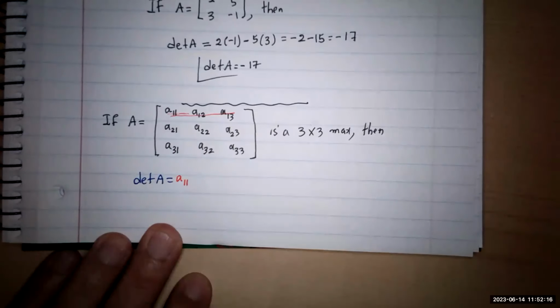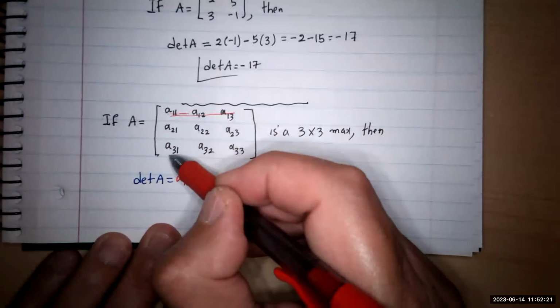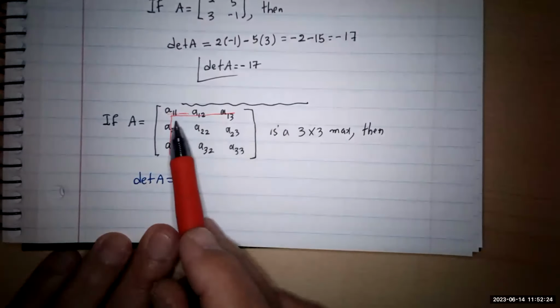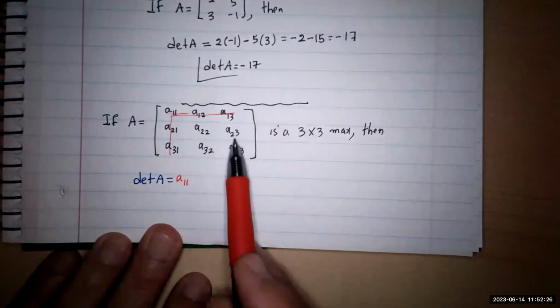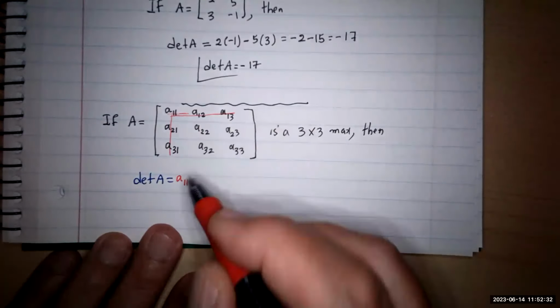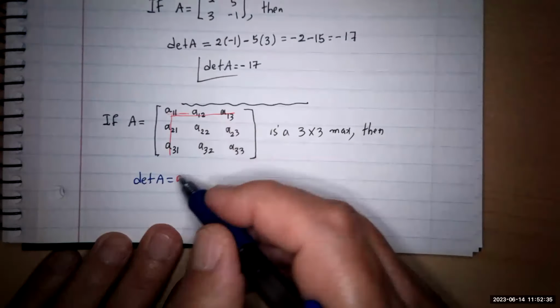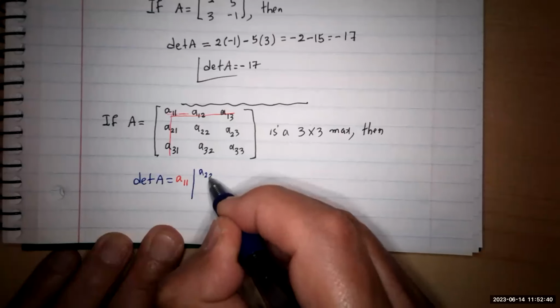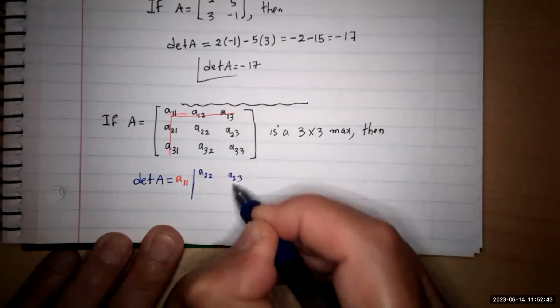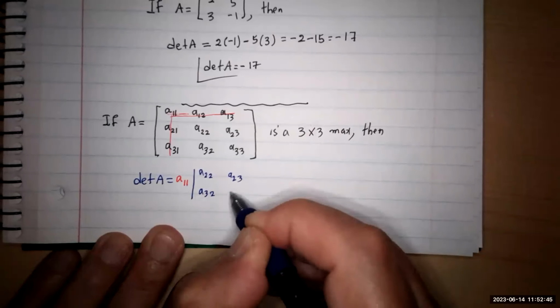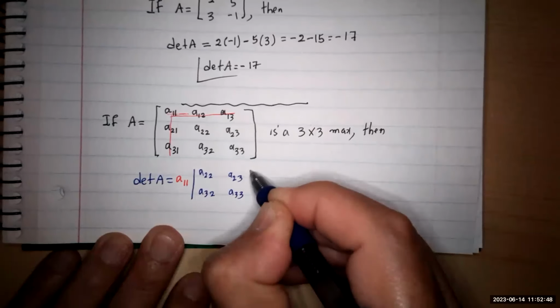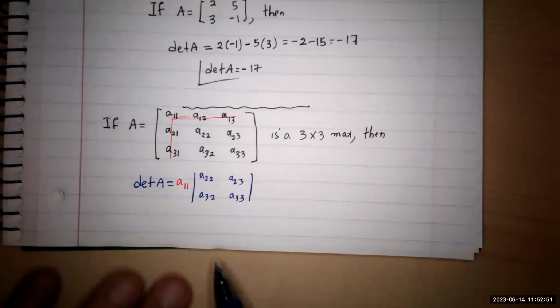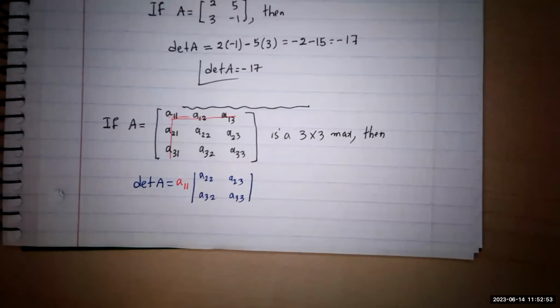Then we multiply by this matrix: we eliminate the first row and the first column, and the result is this 2x2 matrix. We find the determinant of it, times the leftover matrix: A22, A23, A32, and A33. We already have the formula for this one. Remember, you cross multiply and you get these numbers.